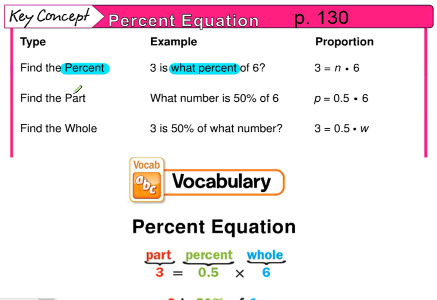Another type of equation will ask you to find the part. So when it asks you to find the part, it might sound something like, what number is 50% of 6? So in that case, we'll have p, which represents the number, is equal to 0.5. Notice how we changed 50% to the decimal.